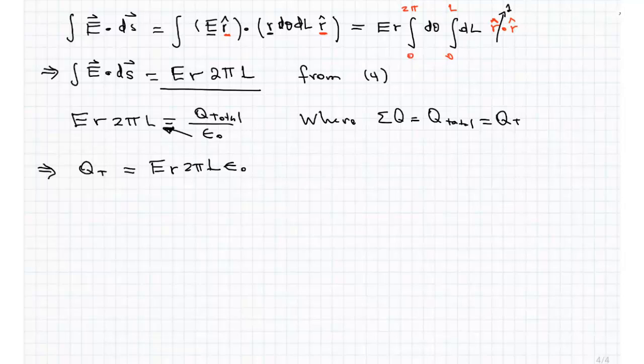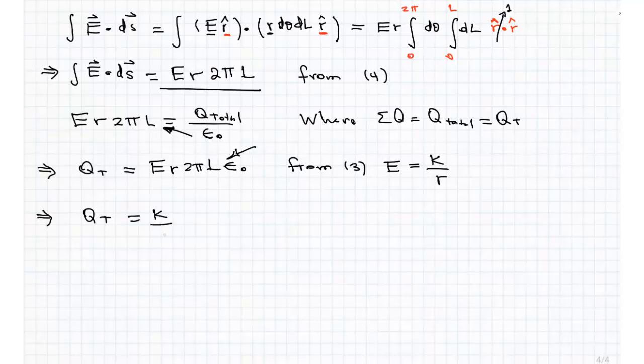Remember that from equation 3 we have that E is equal to K divided by r. So I replace equation number 3 into this one, and we have Q total equal to K divided by r multiplying 2 pi L epsilon 0.